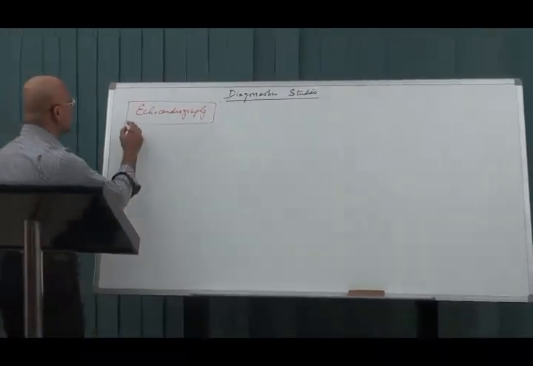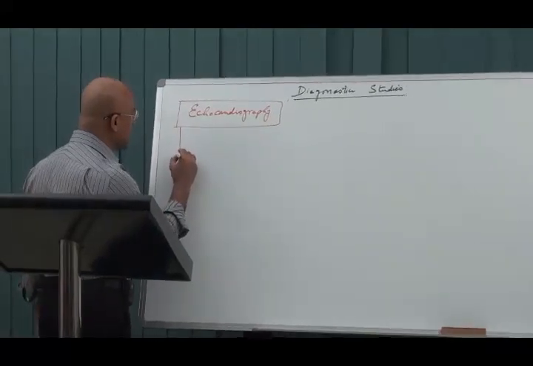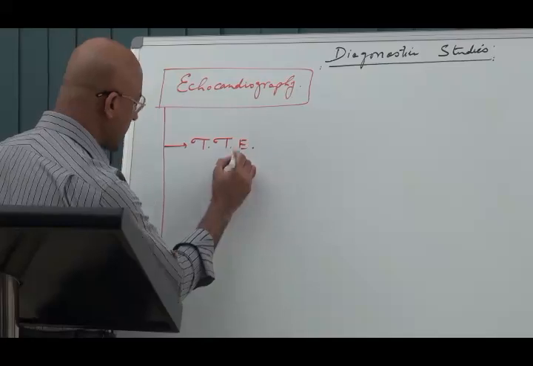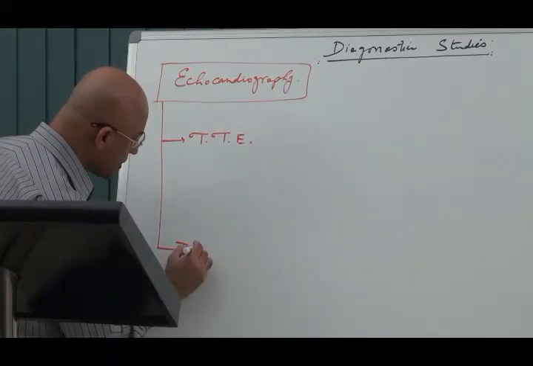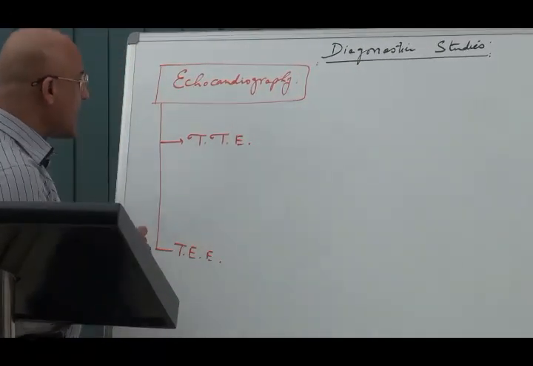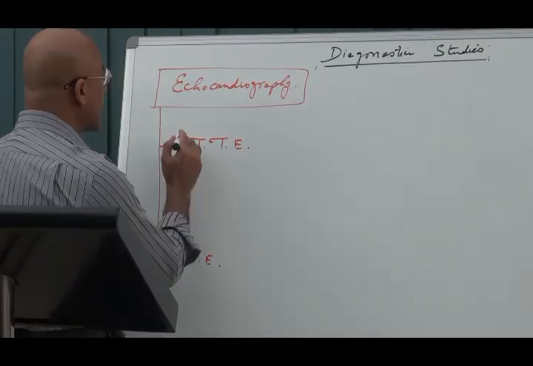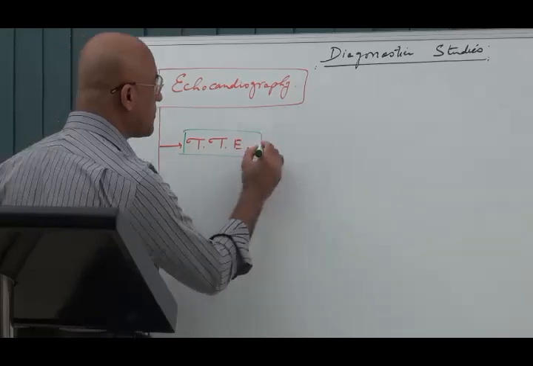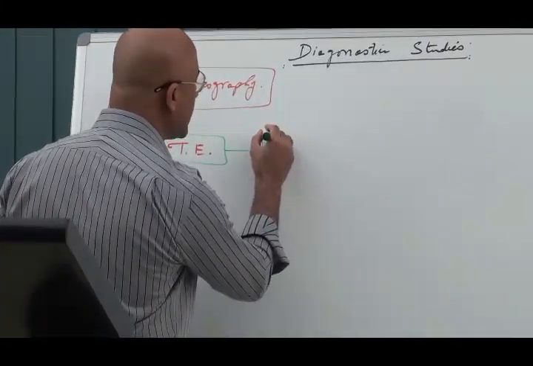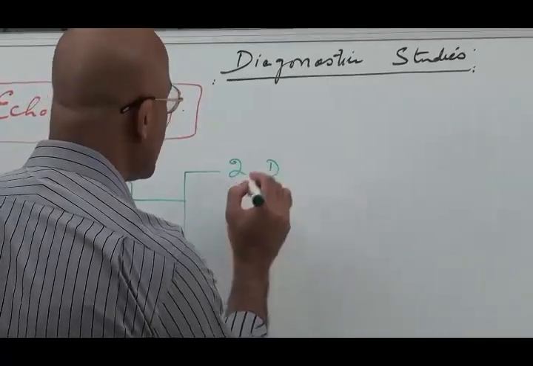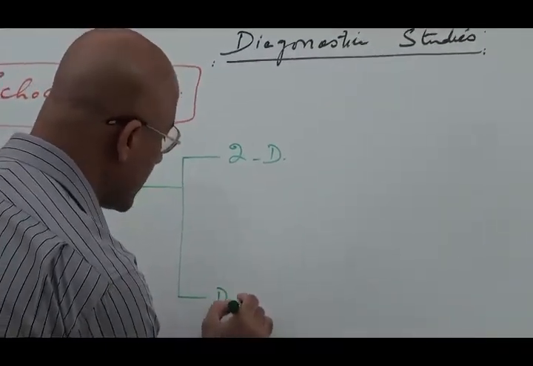Now echocardiography, there can be basically two types, there are transthoracic echocardiography and there can be transesophageal echocardiography. And when you are doing transthoracic echocardiography, again there can be two types of echocardiography, that there can be, yes, two-dimensional, 2D findings and Doppler.